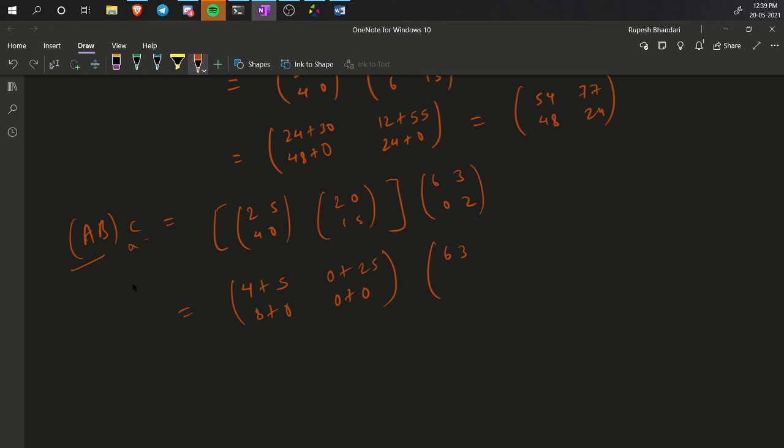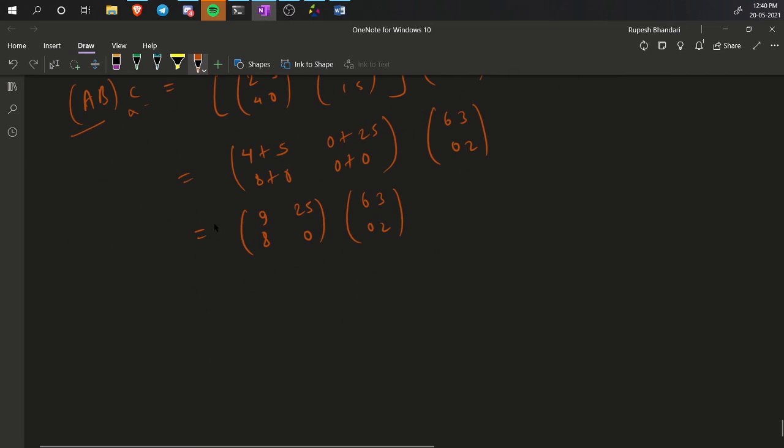And then we should multiply this with C, right? So what will be our summation over here? 9, 8, 25, 0, and 6, 3, 0, 2, right? So when we multiply this, what should we get? 6 nines are 54, and then 54 plus 25 into 0 is 0. 8 sixes are 48 plus 0 into 0 is 0.